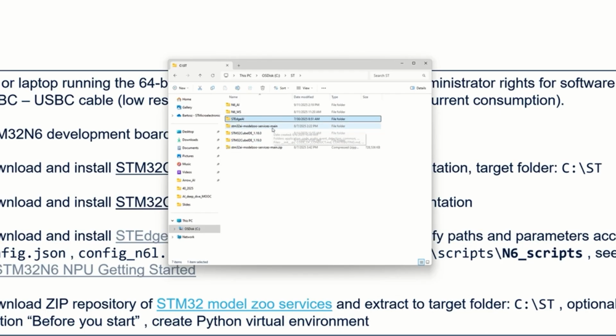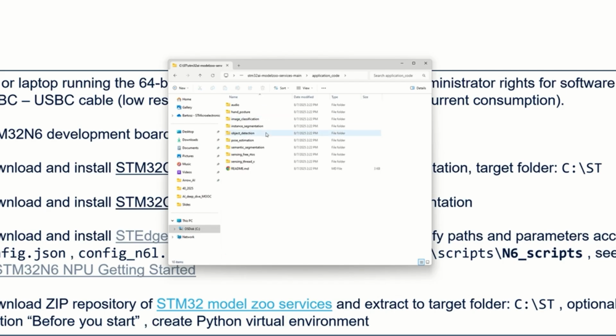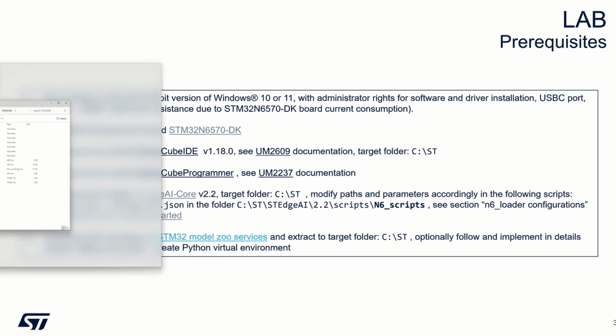This is STM32 Model Zoo Services main, also in the /st folder, and there is an application code and object detection use case. There are also other use cases, but today we are going to focus on object detection. And of course, N6. I will explain the content of this folder later on.